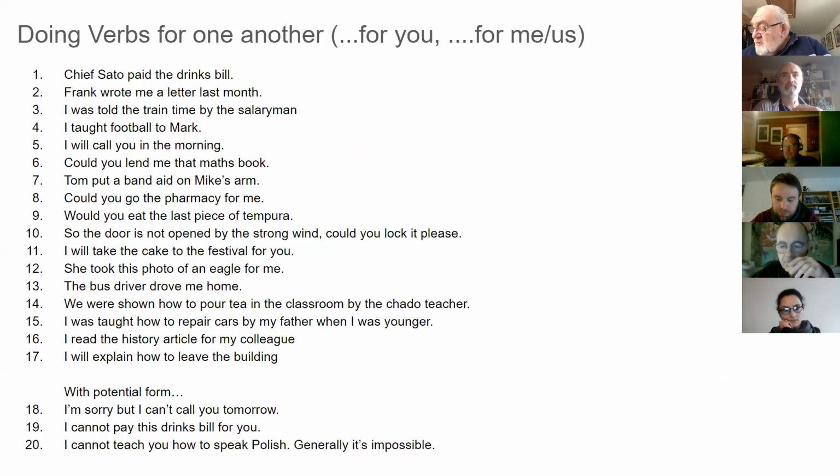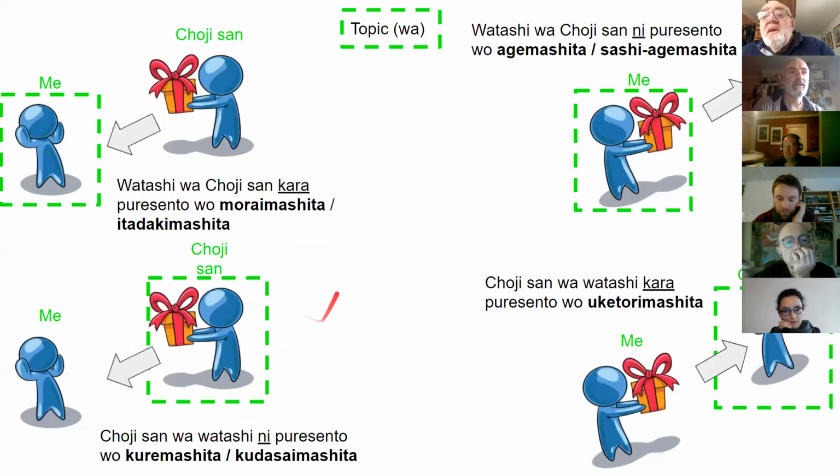Sato Bucho kara nomimono no kaikei o shiharatte itadakimashita. So we're looking at this one here, aren't we? You are the subject, good. And you marked him and you said kara, which is good. So moraimashita or itadakimashita, good.